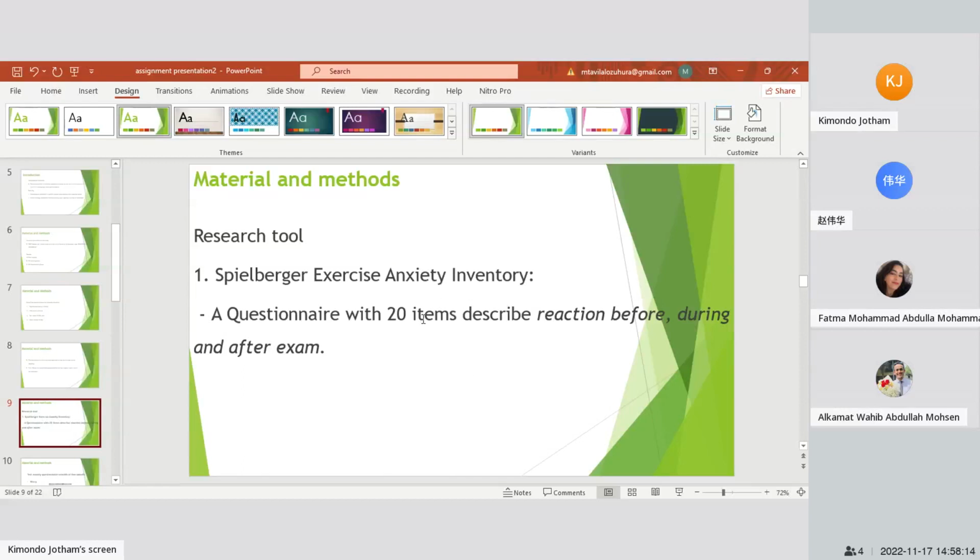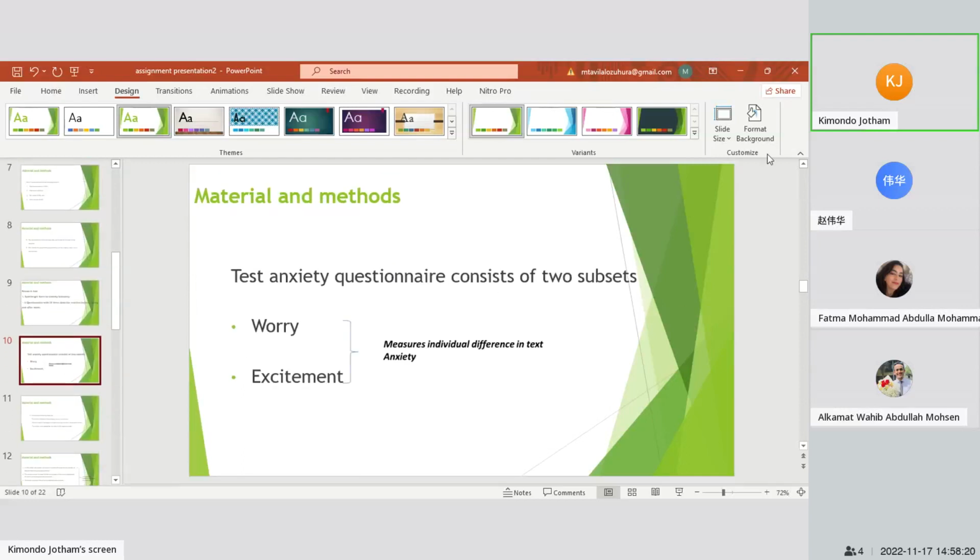Remember, the aim is to test the anxiety of the students during exams. So they divided that questionnaire into 2 sections, worry and excitement, actually negative and positive. The aim was to measure individual differences in test anxiety.